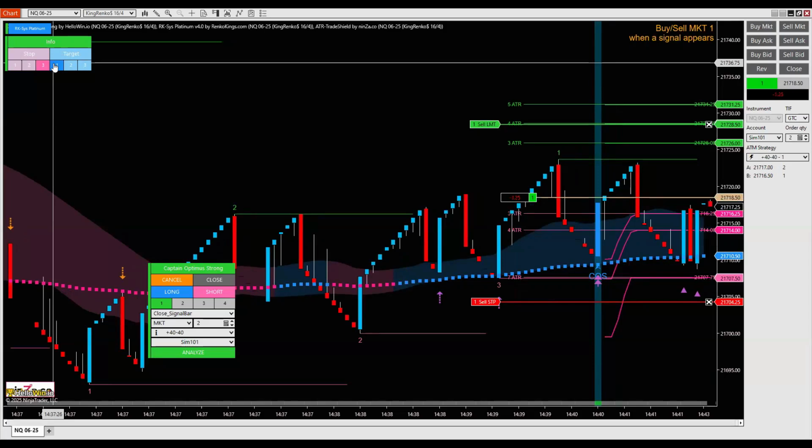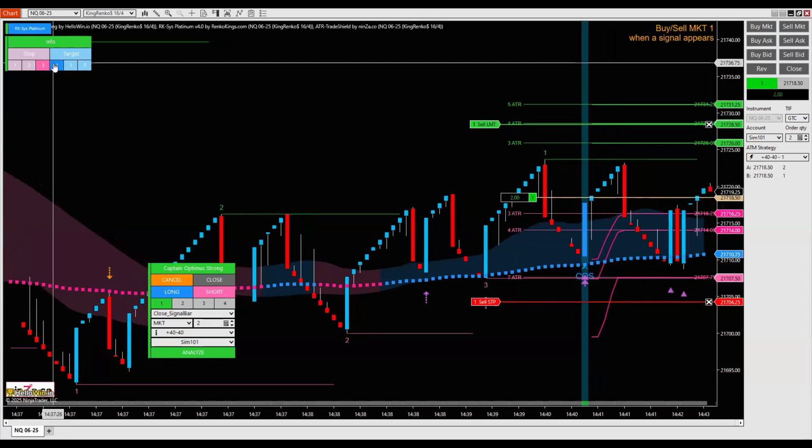Buy signal 2. And after this, we're going to finish up. I'm going to show you the offer again, and then we'll finish up. Just want to see how this trade concludes.